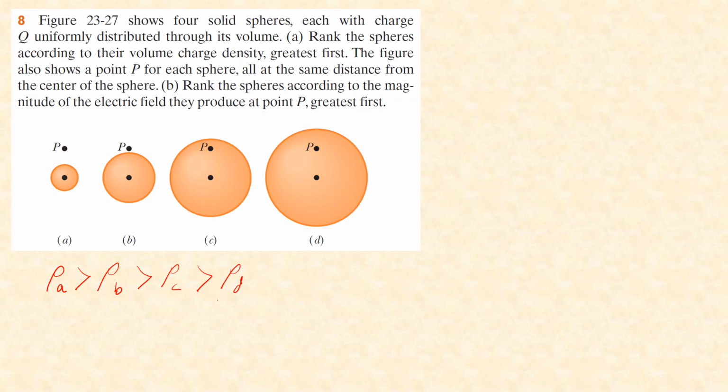They share the same radius as well. That's right. Because no matter how much the radius is, as long as you're outside the sphere, you can put all the charge of the sphere at the center and consider it as a point charge. So EA is equal to EB.